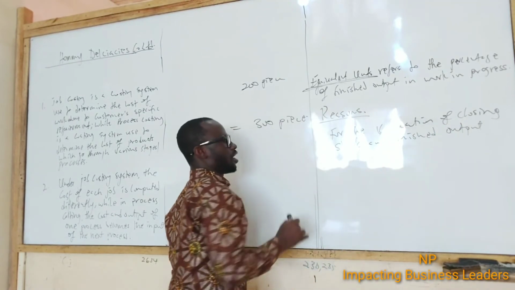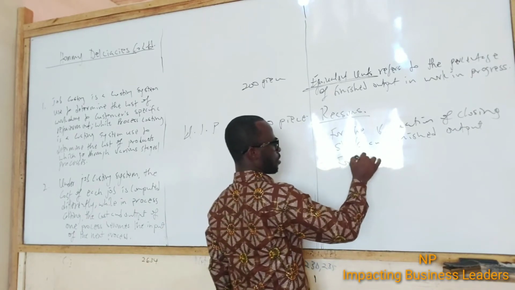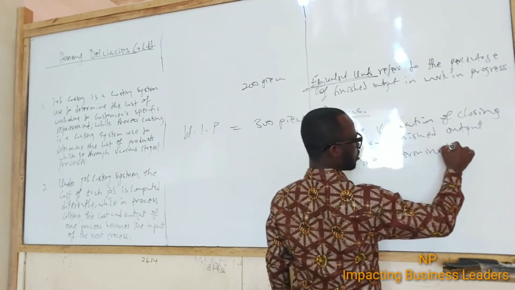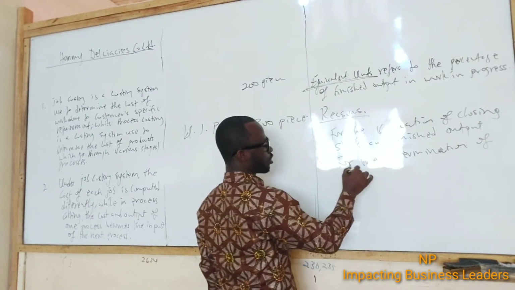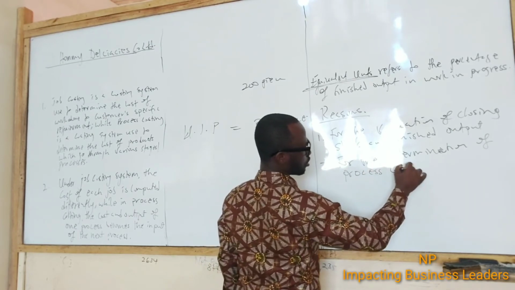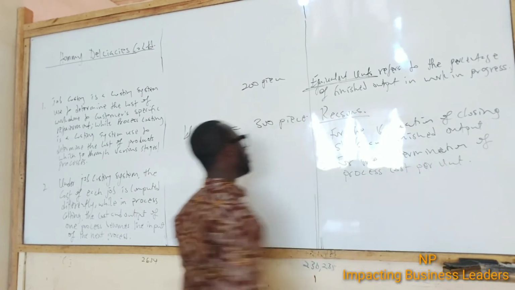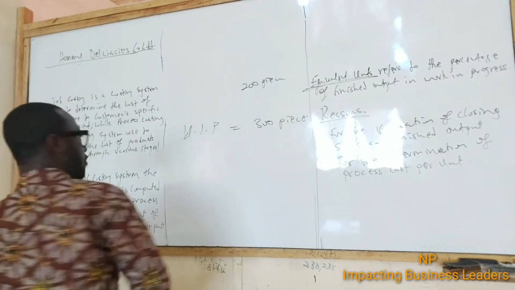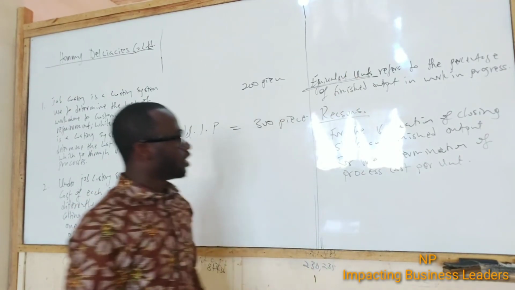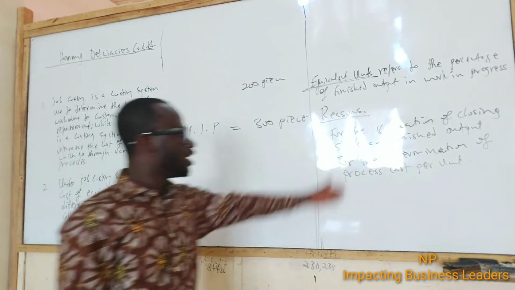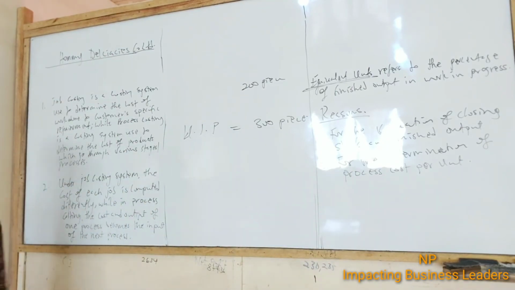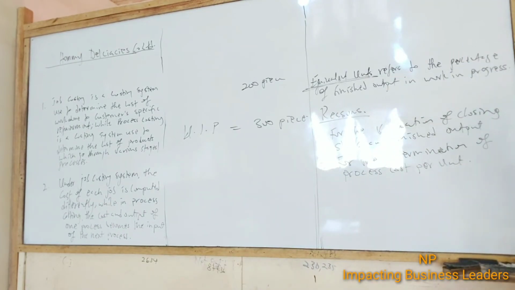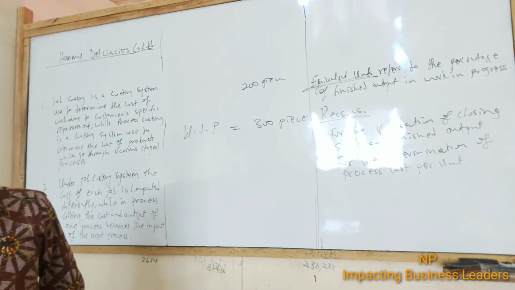And then second, another reason is for the determination of process cost per unit. So that is it about that question. For 5 marks, you explain the concept of equivalent units and then the reasons for its determination, and that whole question is for 25 marks.